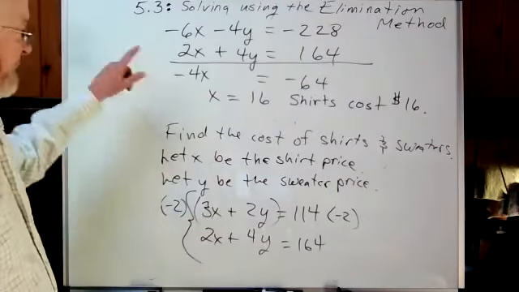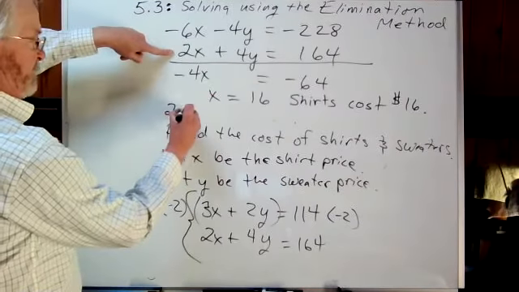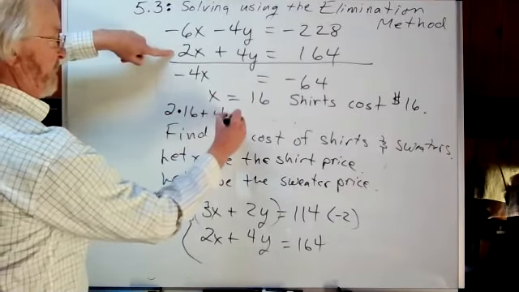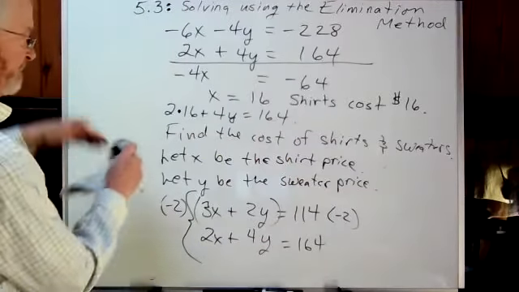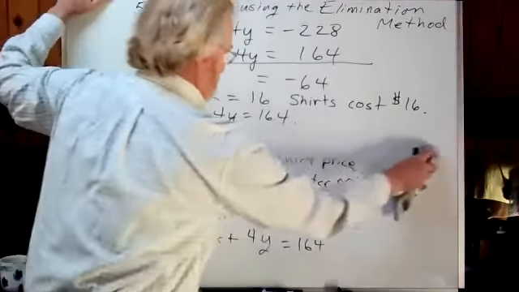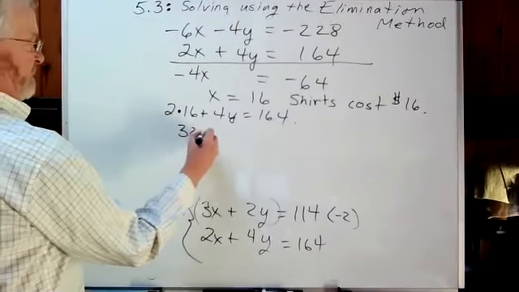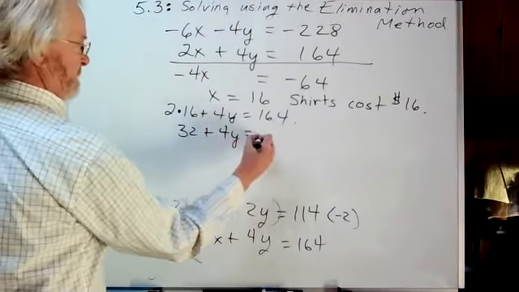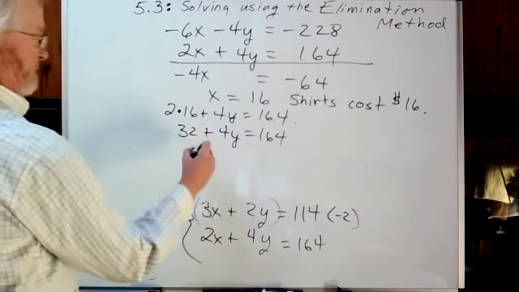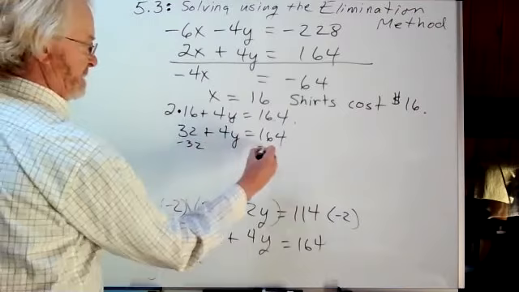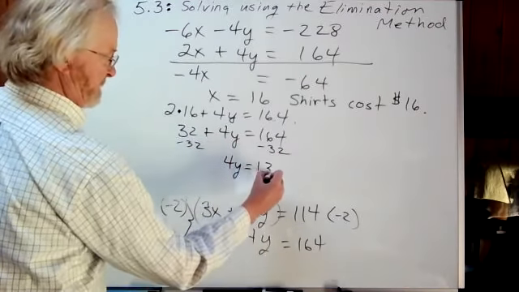Pick one of those equations. Let's see, I think I'll just use this, okay? 2 times 16 plus 4y equals 164. More room here, okay? So what is that? 32. Subtract the 32. And 4y equals 132.